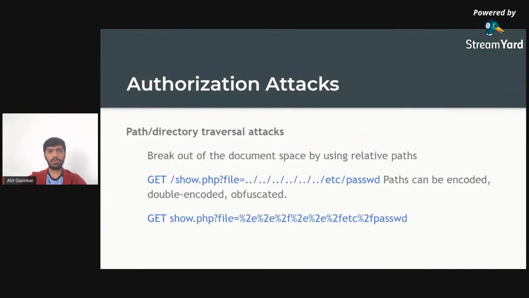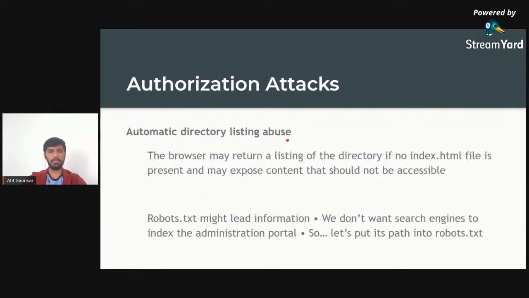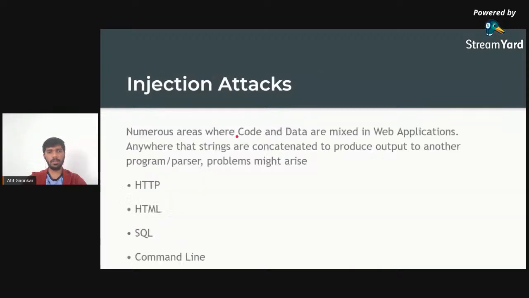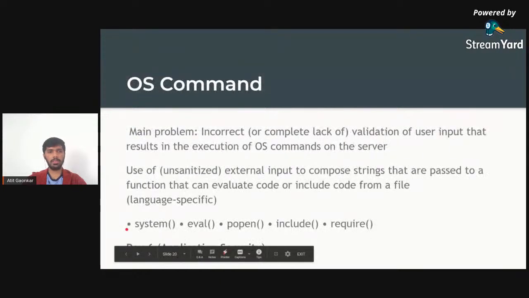For authentication attacks, we went through the theoretical part of path traversal attacks. Then we did automatic directory listing abuse, just the theory, followed with an injection attack, a little bit of SQL injection.